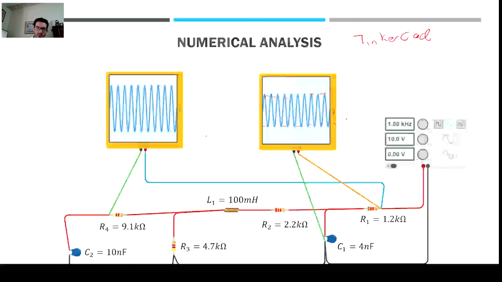And then if we were to measure the voltage from this point to that point, basically from the source to the capacitor, it will tell us that now instead of 20 it is a little smaller, around 5.7 and negative 5.7. So this is very useful because you can see the voltage drop measured with the oscilloscope through your sine waves, and you can compute your answers with Tinkercad and compare them to your solution in your notebook.